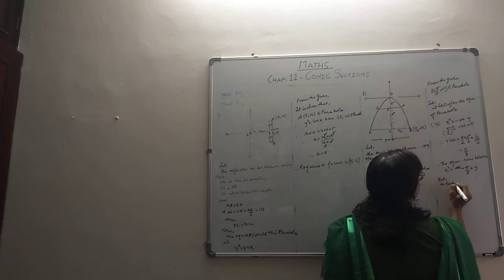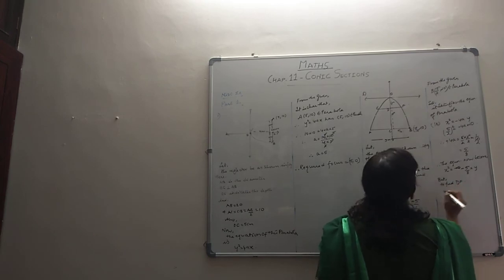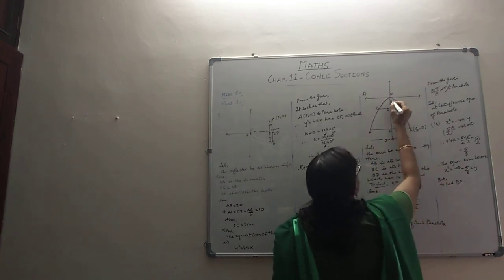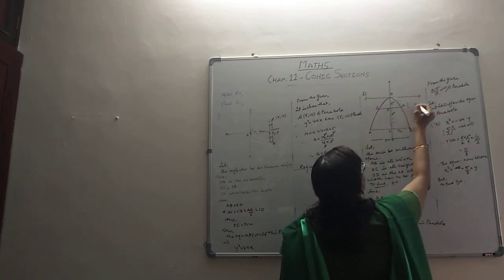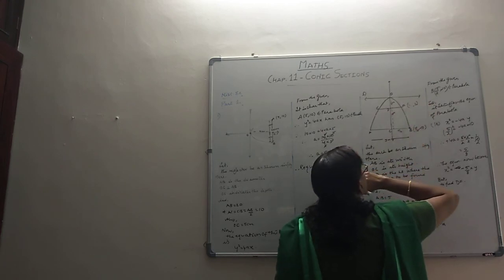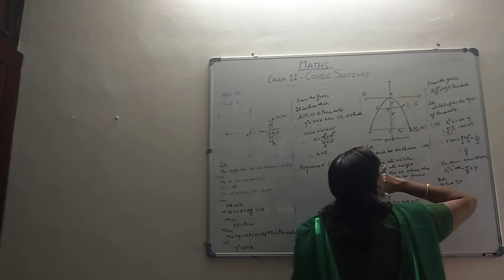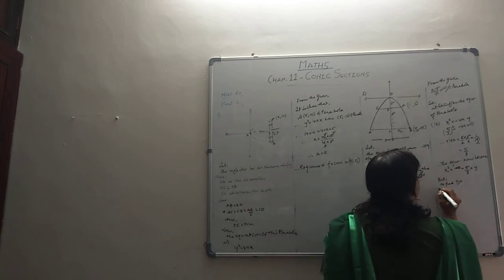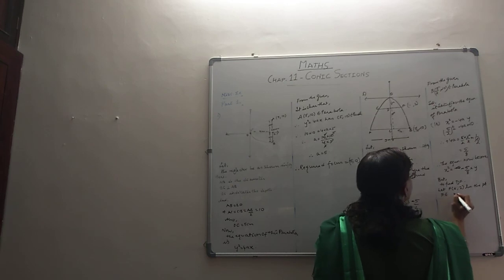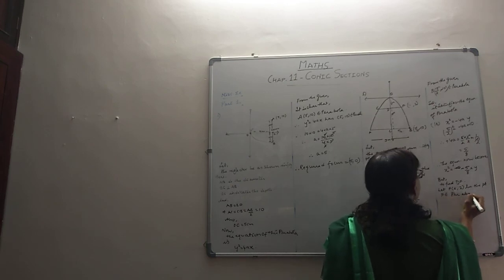To find DF, we have the coordinate. See, this is 2 over here. So the y coordinate is 2. We don't know the x coordinate, isn't it? So let F with coordinate k comma 2 be the point. Now this point is on the parabola. F belongs to the parabola, so it satisfies the equation of the parabola.